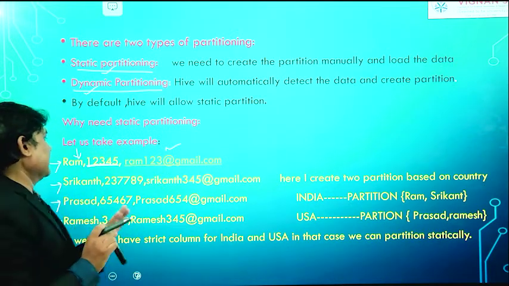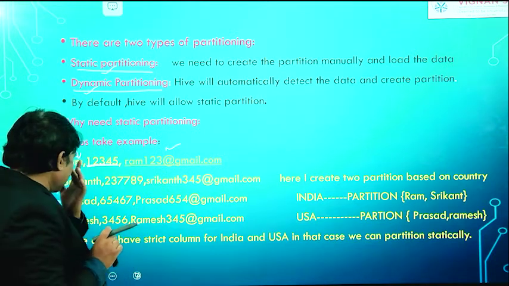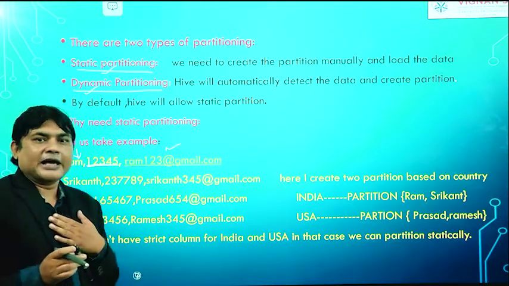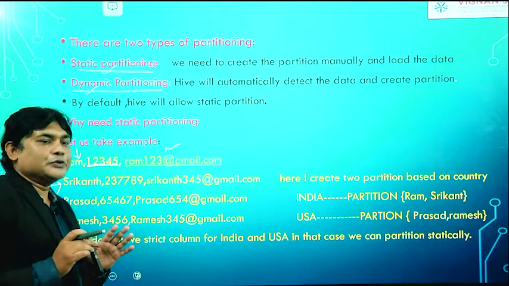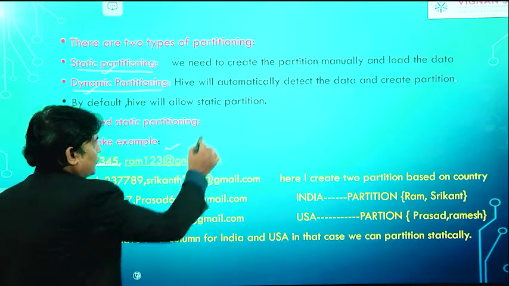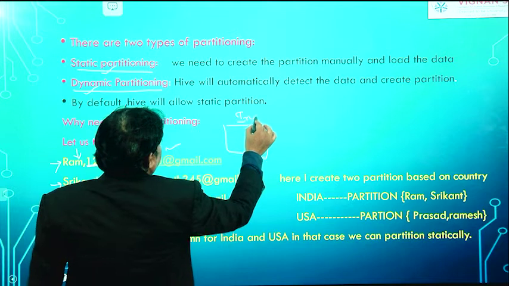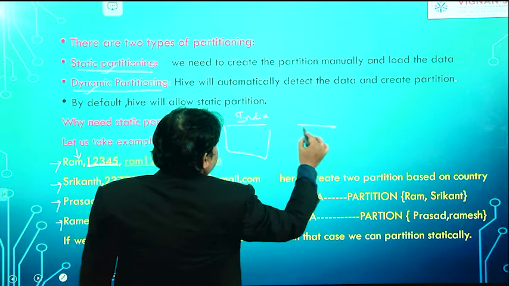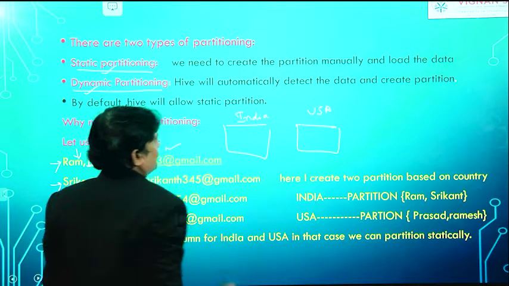I'll create two partitions manually, because I have prior information about which country these people belong to. One partition I'll create for the country India, and the second partition for the country USA. So we have two partitions.